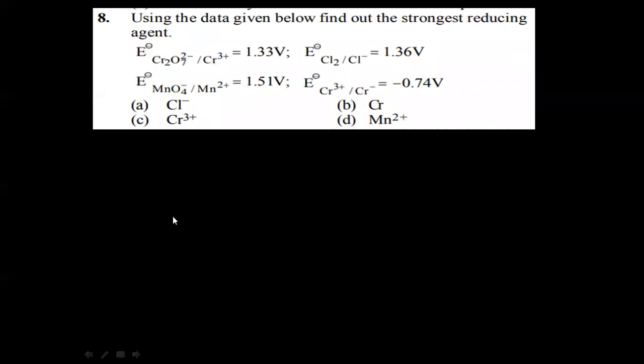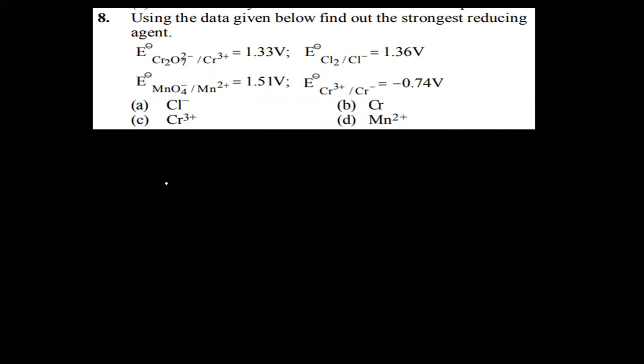Question number 8. Using the data given below, find out the strongest reducing agent. So how can we find out the strongest reducing agent? By the given reactions, or by the given E naught value. Here, among the given options, chromium has the highest negative value of E naught.